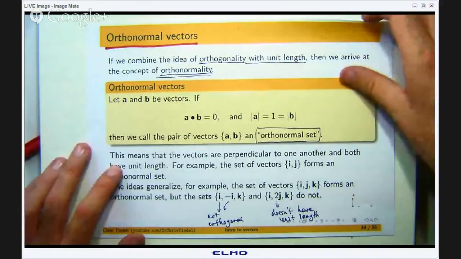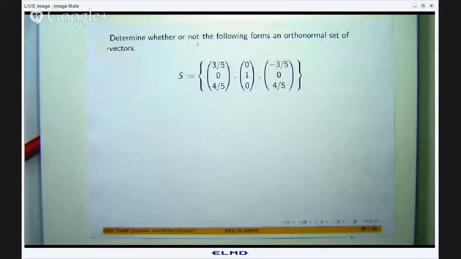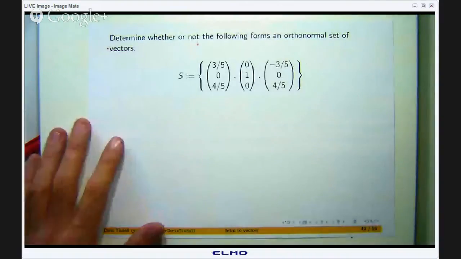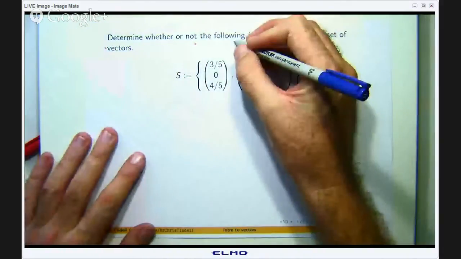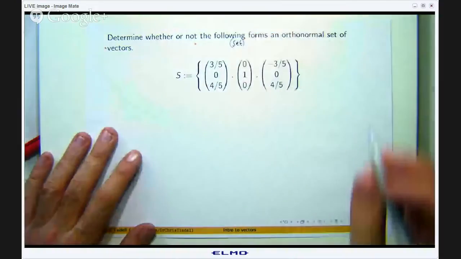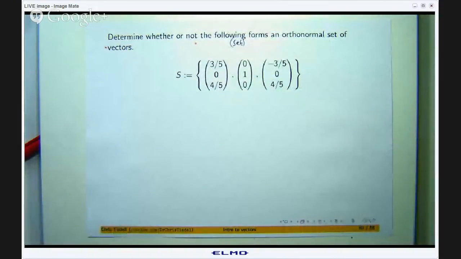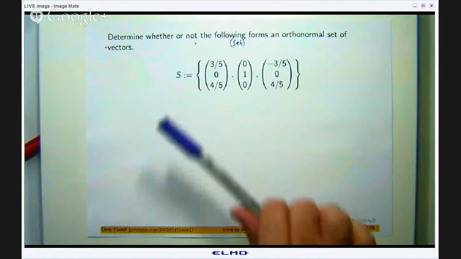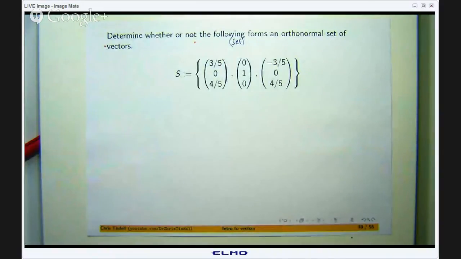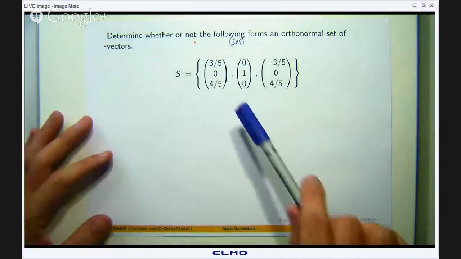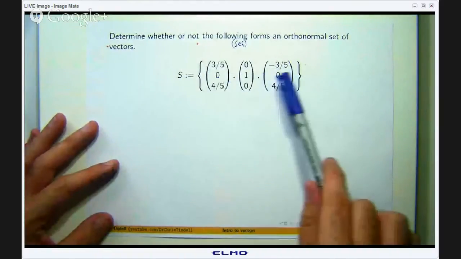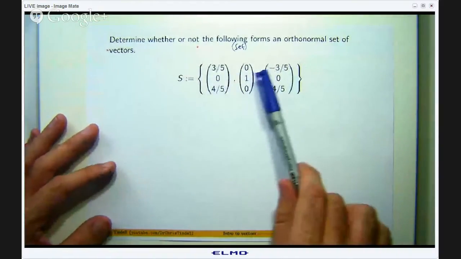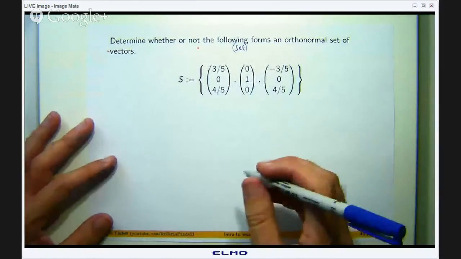Okay, so that's a little bit about orthonormal vectors. Let's try to bring everything together in an example. Determine whether or not the following set forms an orthonormal set of vectors. I've just used S to denote the set. All right, so what we want to do is check to see whether or not each of these vectors has length 1 and they're all orthogonal to each other.